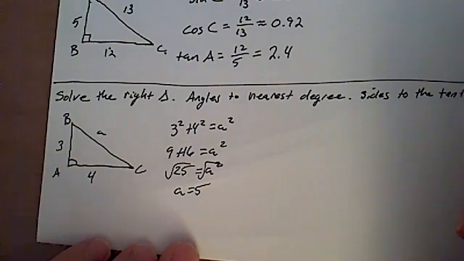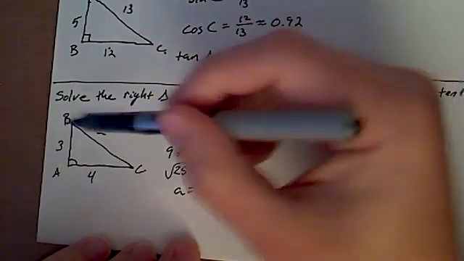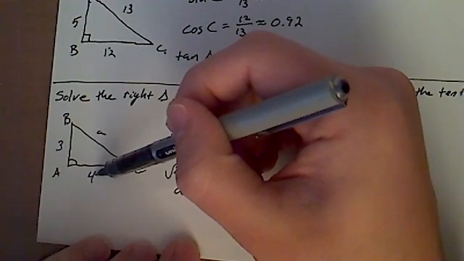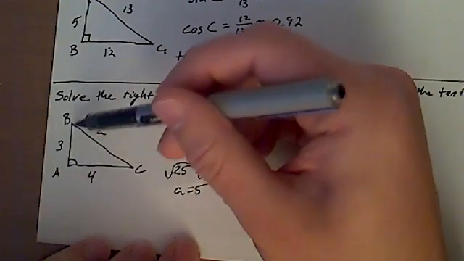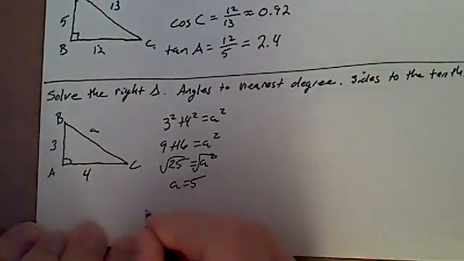Next, solving for one of the angles, we can solve for B or C next. Given the information that we started with, if we're solving for B, we have 4, which is the side that is opposite, and we have 3, which is the side that is adjacent, right? So if we're dealing with the opposite and the adjacent, we are dealing with the tangent.